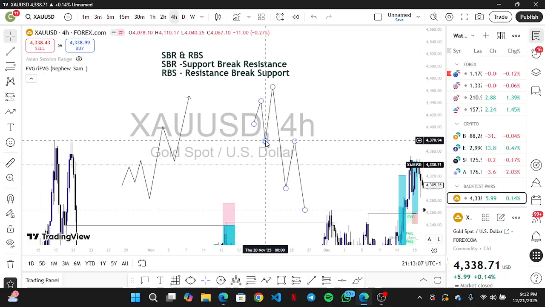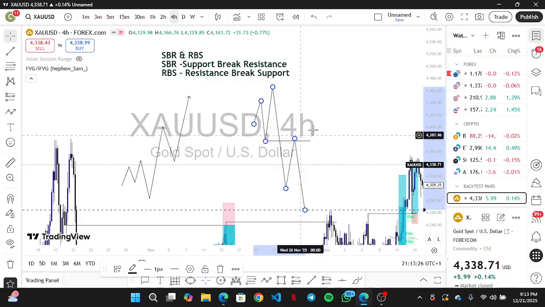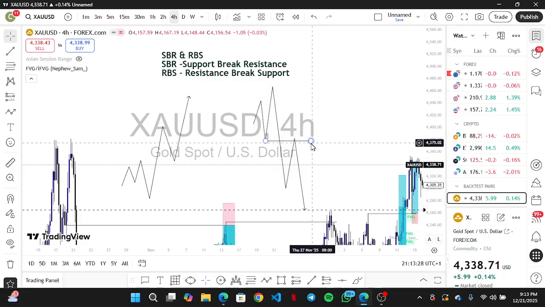So basically, price did something like this and eventually came back down here, broke that support level. And as it broke that support level, eventually that support level becomes a resistance level. Whenever price gets back there, you'll have a reaction at least in that level.